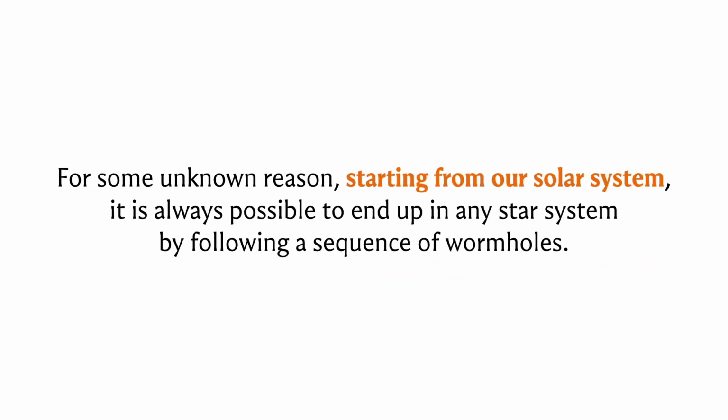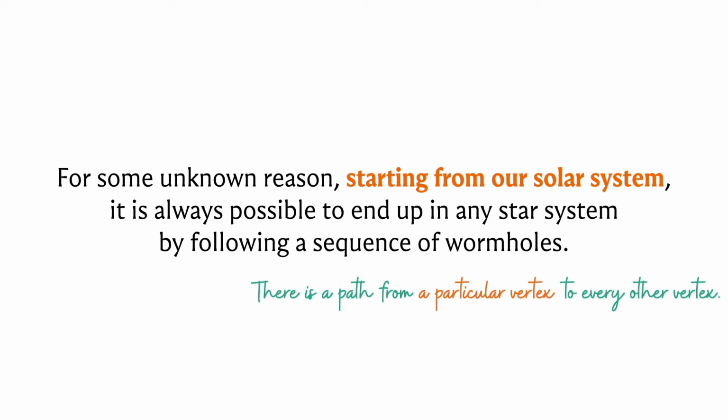The next thing that we are told is that for some unknown reason, starting from our solar system, it's always possible to end up in any star system by following a sequence of wormholes. So this basically means that there is a path starting from a particular vertex in a graph, the one that corresponds to our solar system, to any other vertex in the graph. So this is some sort of a reachability promise in the graph structure.